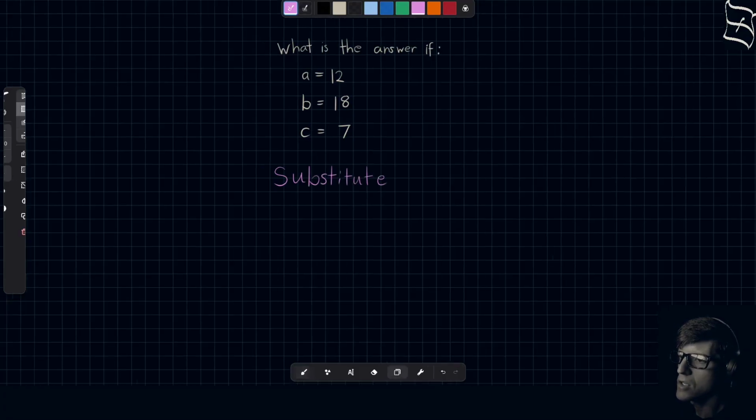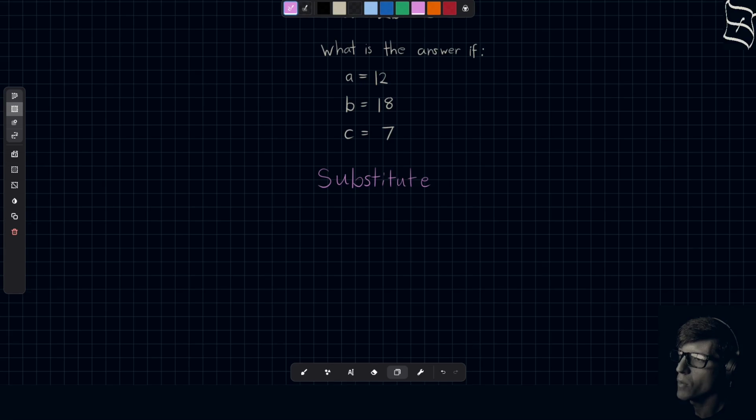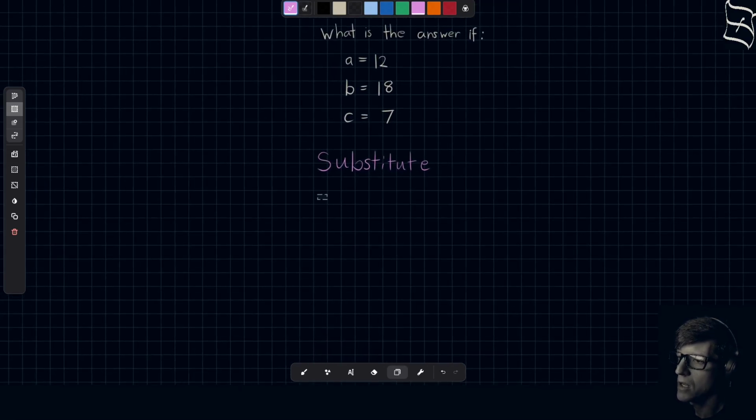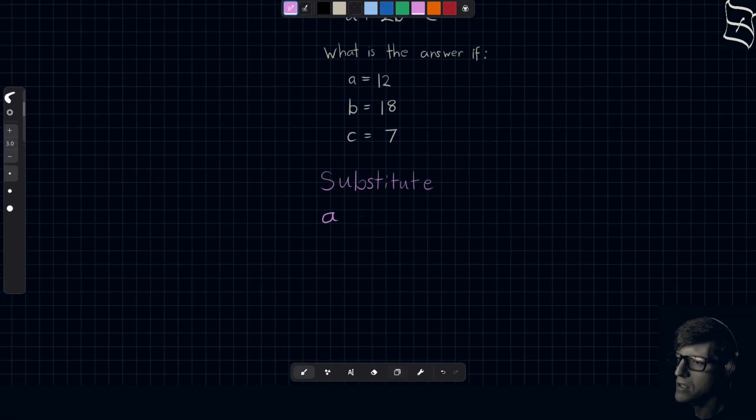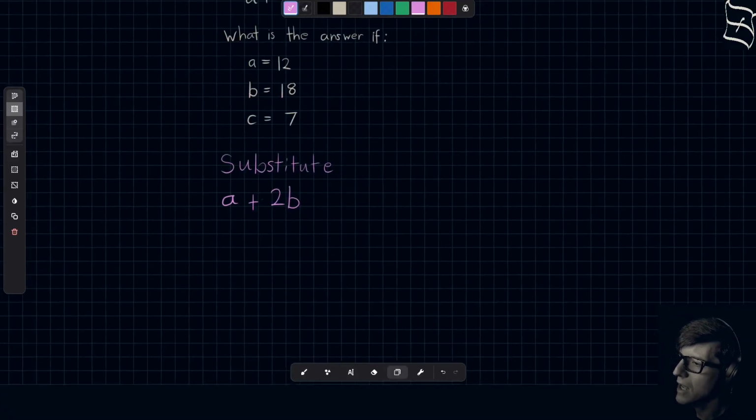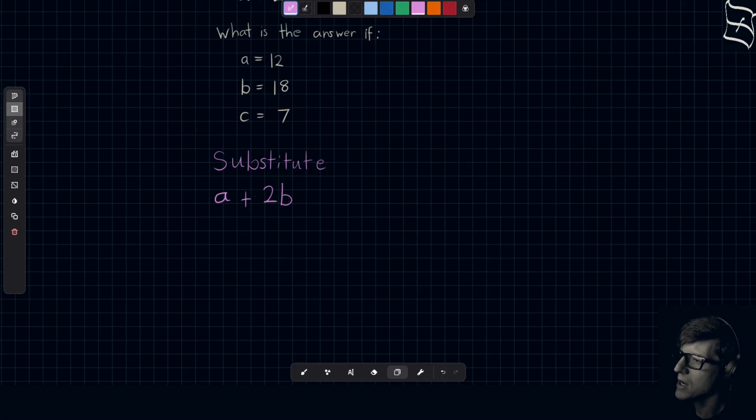All right, so let's go ahead and substitute our values. So once again, let's rewrite the expression. And I would recommend that you follow along right here, okay? So go ahead and copy as I go. So a plus 2b, and this means 2 times b. If we're dealing with a letter name where the quantity is unknown, we don't have to show the symbol of multiplication, right? So we know that 2b is equal to 2 times b.